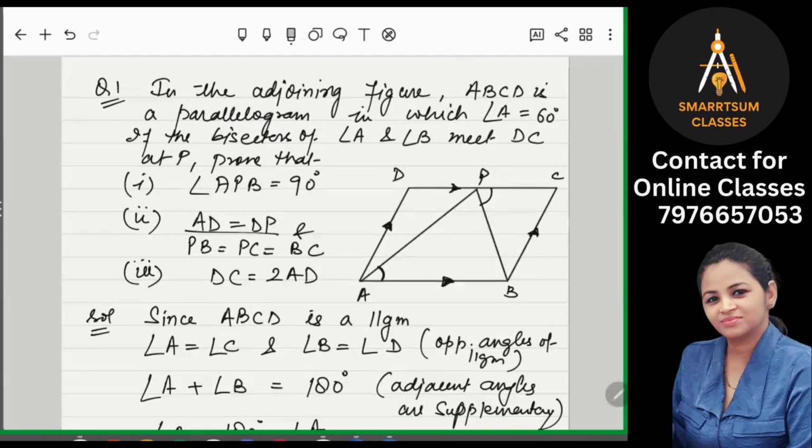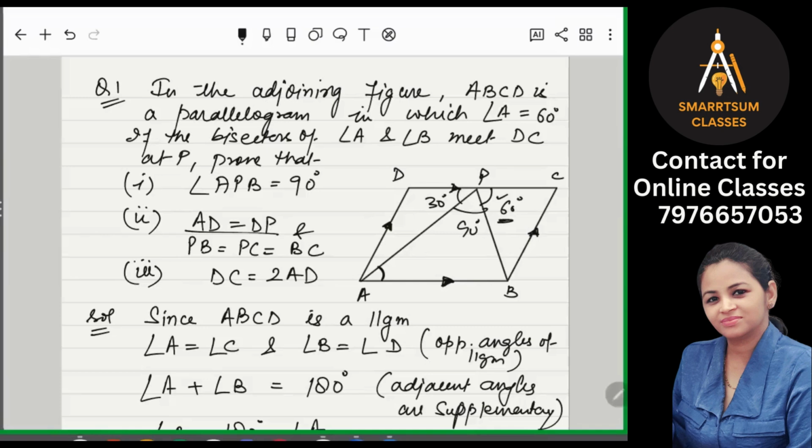Hearing that? This is 90 degree. This is 30 degree. So what will be this angle? Sum of all these three angles at a point on one side of the line will always be 180 degree, right? Are you getting that? So this should be 60 degree. 180 minus 90 plus 30. 90 plus 30 is 120. 180 minus 120 is 60 degree.